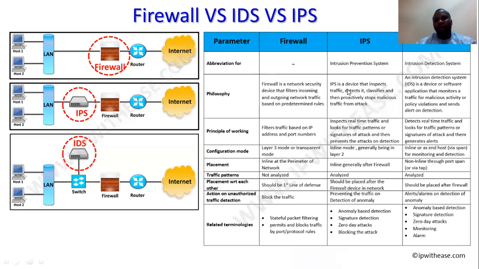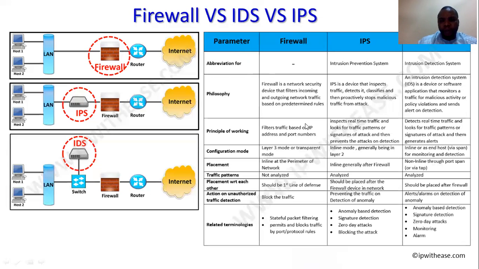The IPS is a device that inspects traffic, detects it, classifies it, and then takes proactive measures to stop that malicious attack from coming into the network or affecting the network. Whereas in the case of IDS, it detects it, okay, but it sends an alarm when detecting the kind of attack.